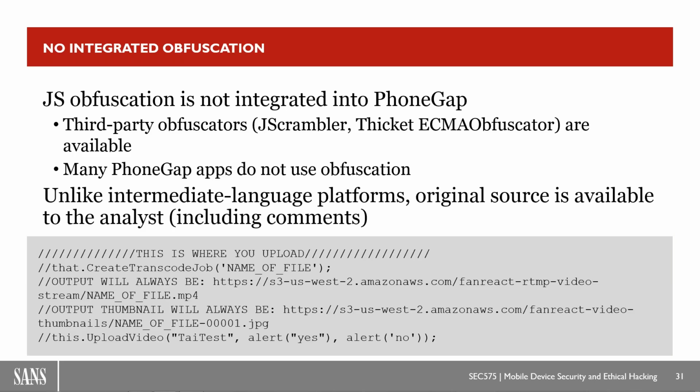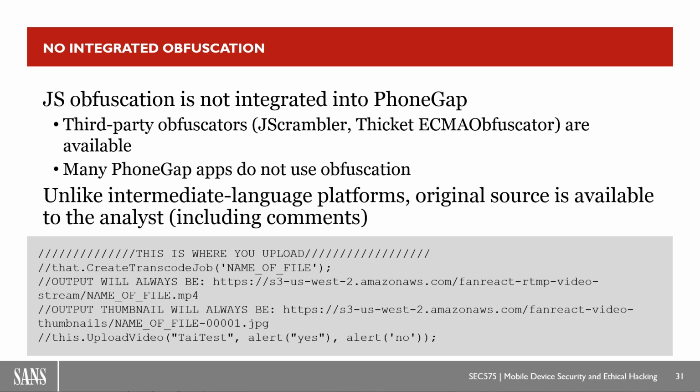With PhoneGap, and again, this is FanReact here, there is no obfuscation. When you reverse engineer a Unity application, when you reverse engineer a Xamarin application, you're getting reconstructed C#, but you're not getting the original source. You're not getting developer comments and things like that.